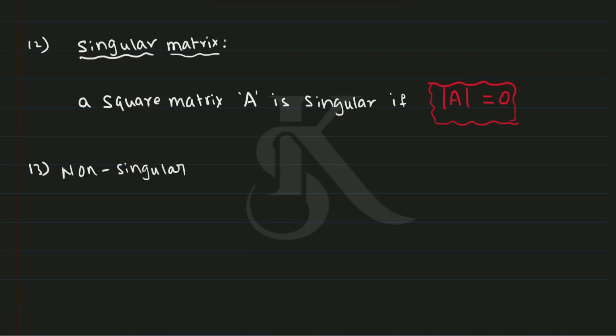Non-singular matrix. If the determinant is not equals to 0, then it is non-singular.